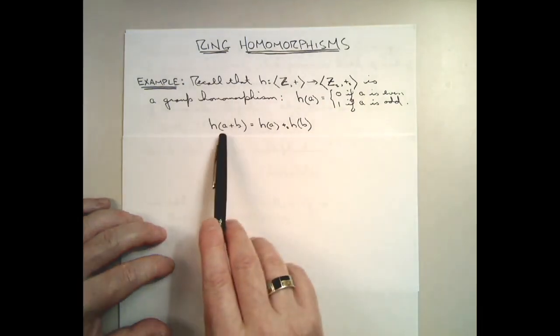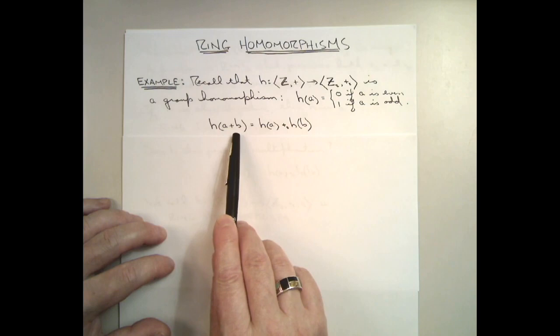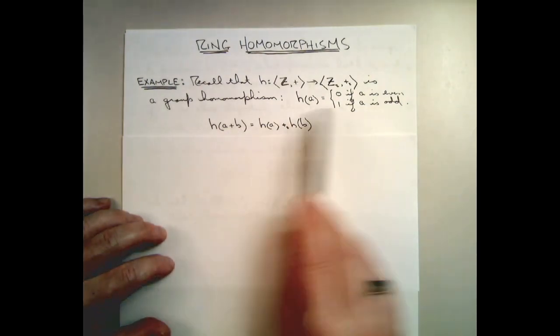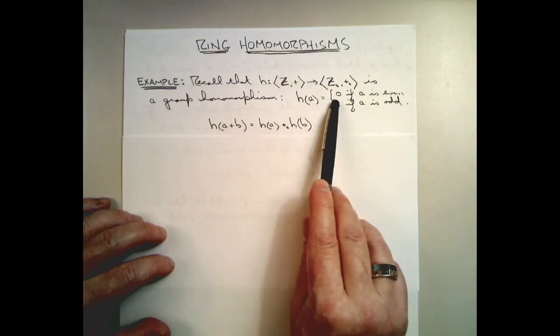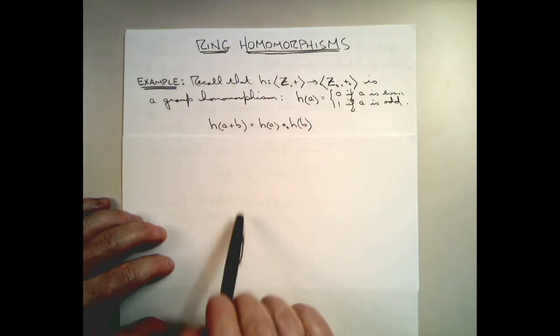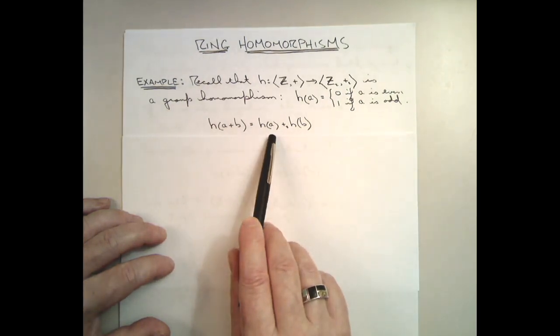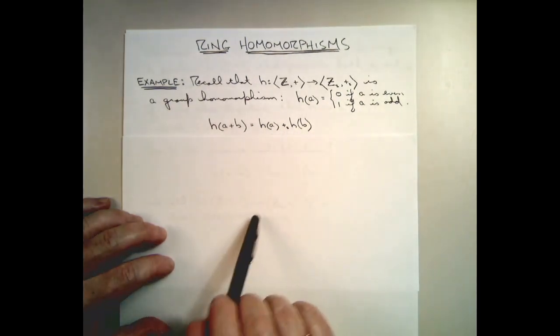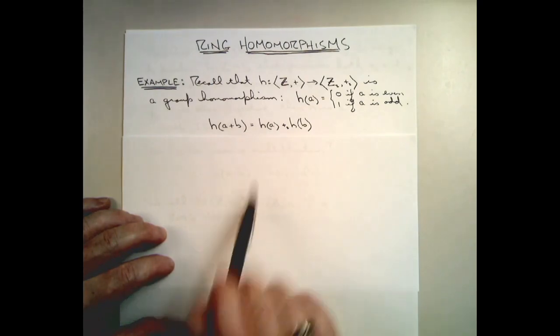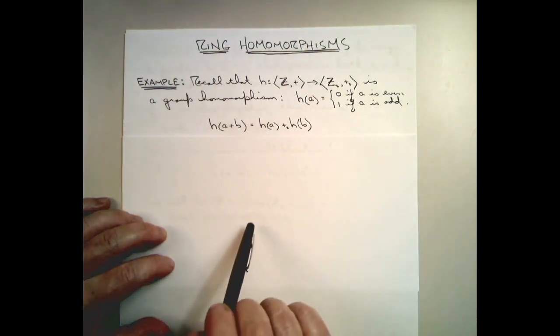We said, well, let's see, if A and B are both even, then A plus B is going to be even, and so h is going to take A plus B to 0. Well, h of A is going to be 0 and h of B is going to be 0, again, because A and B are both even. And if I add 0 and 0 together, I get 0.